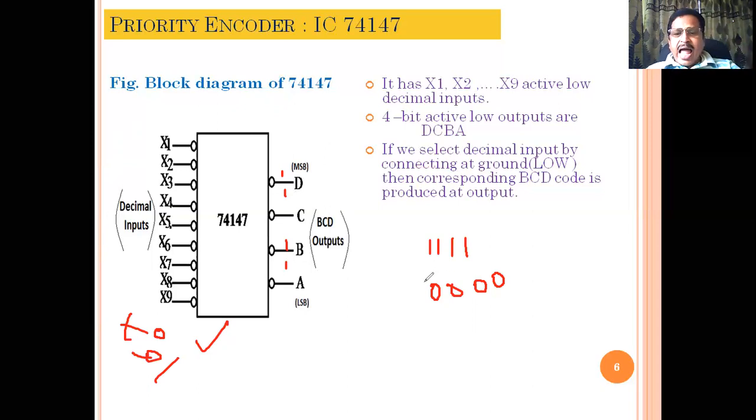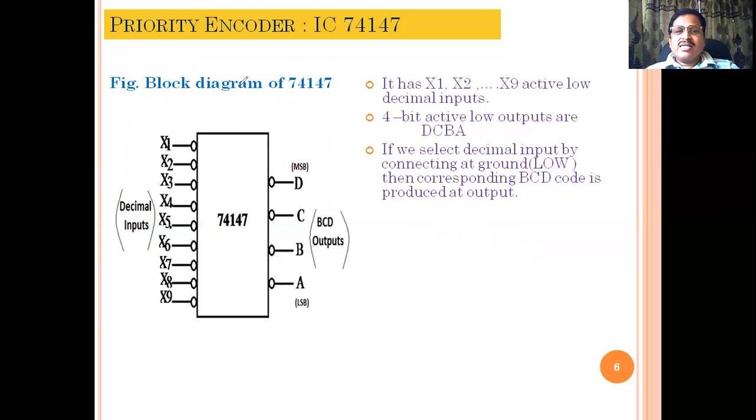In active high condition all become 0 0 0 0, but with inversion it becomes 1 1 1 1. Thus the IC will convert the decimal 0 into its BCD equivalent if from X1 to X9 no one is selected. Is this clear?